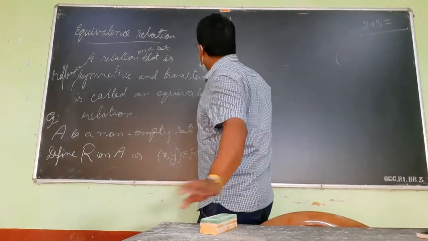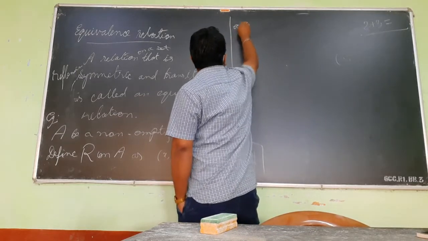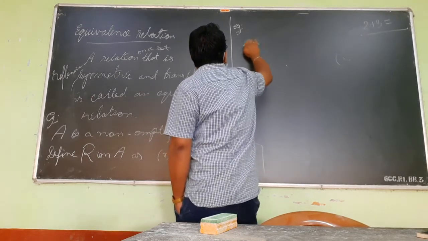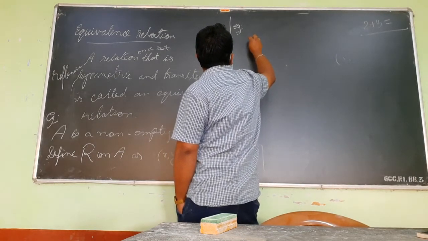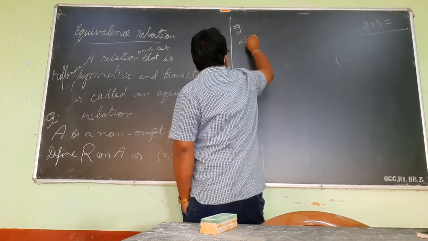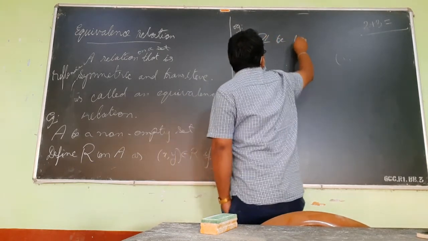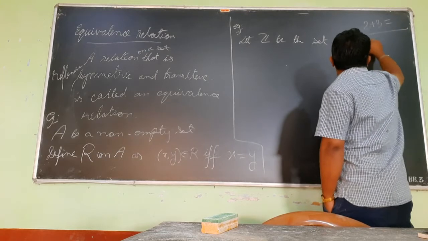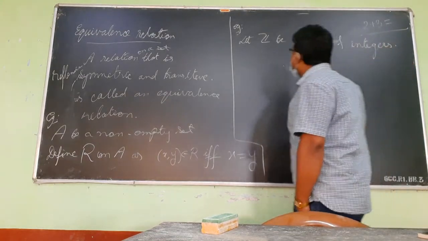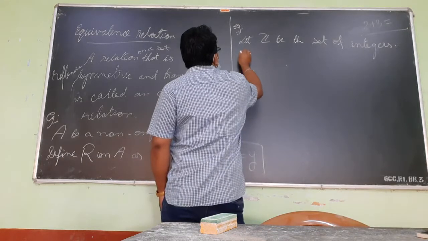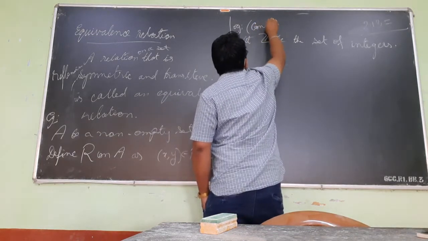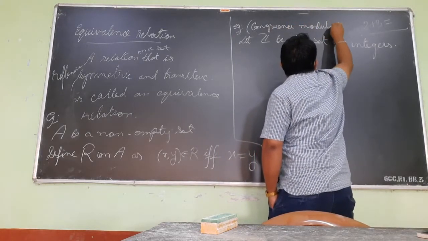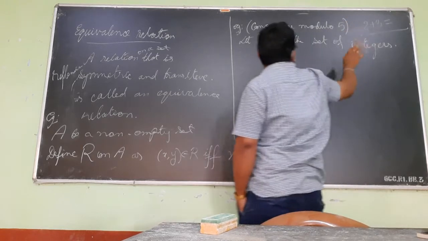So some more examples are these. Another example we have already done. Let Z be the set of integers. With the set of integers we define, this is called congruence modulo n. Say, suppose, let us start with 5.